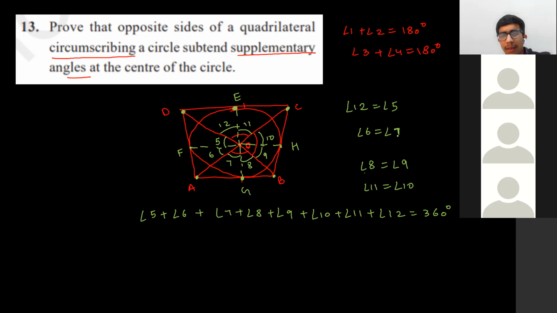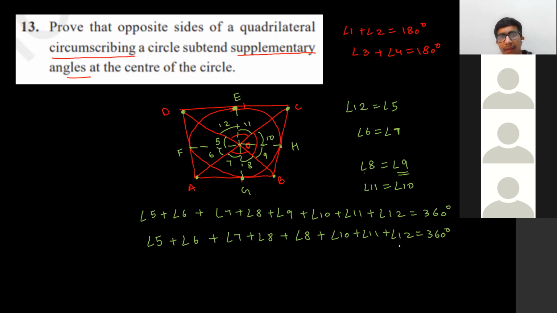Angle 6 is equal to angle 7. So I can write angle 9 as angle 8. So, angle 5 plus angle 6 plus angle 7 plus angle 8 plus angle 8 plus angle 10. Write down till this step and let me know if you have any doubt till this particular step.